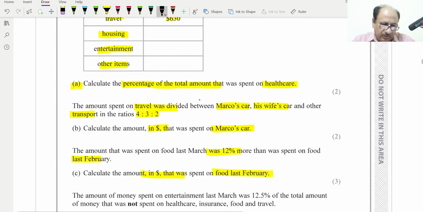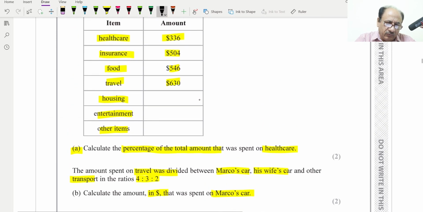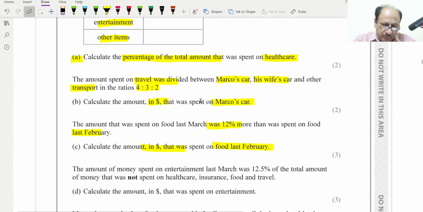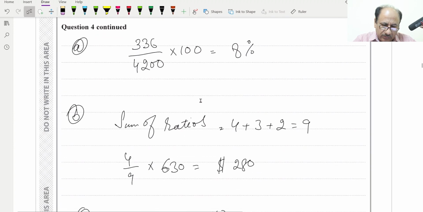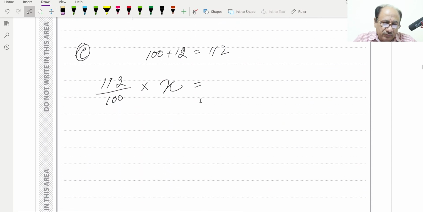The 546 food amount is over here, so we will utilize this to get the original amount. The rest is just simplification.